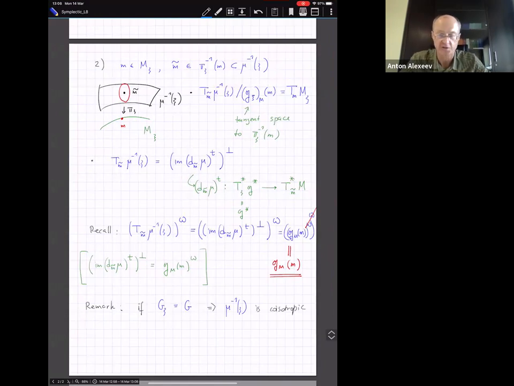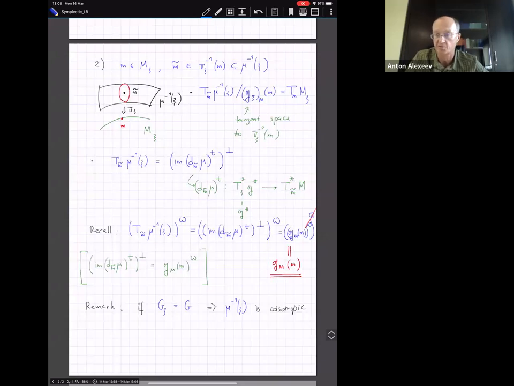Right? The fiber carries an action of G psi, but if by any chance the G psi is just equal to G, this means that the omega orthogonal of the tangent space to the fiber is contained in the tangent space of the fiber, right?